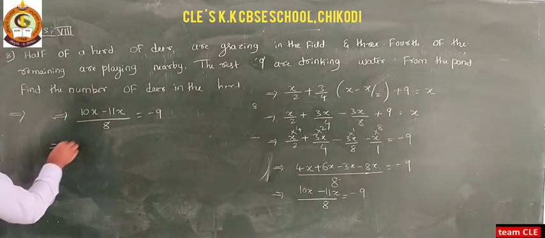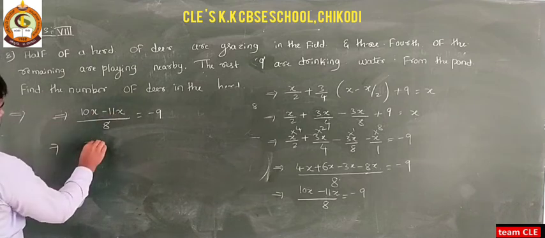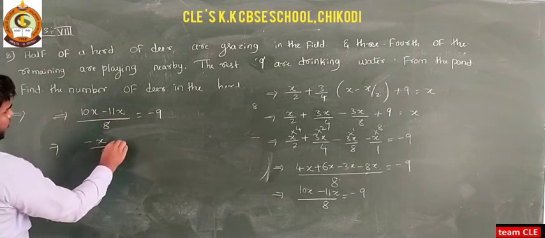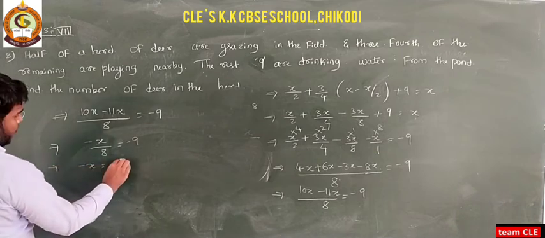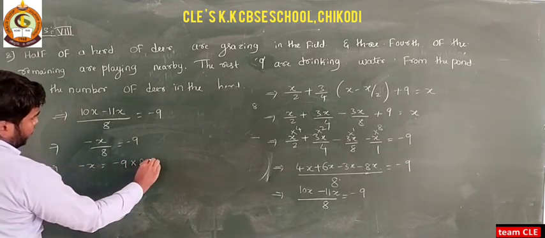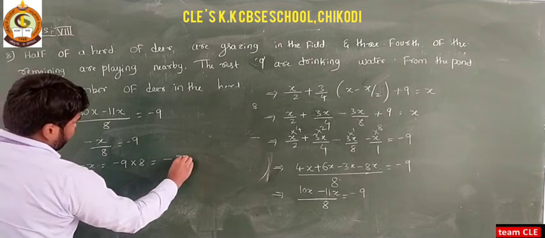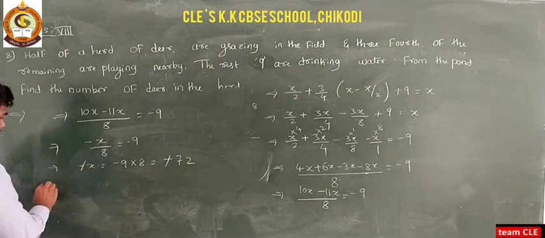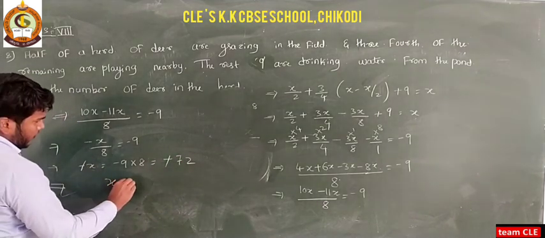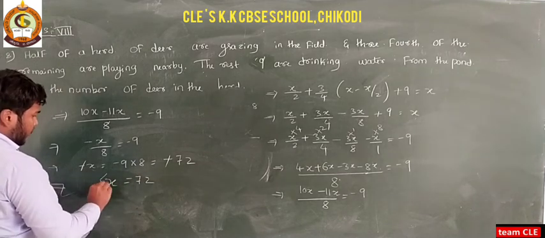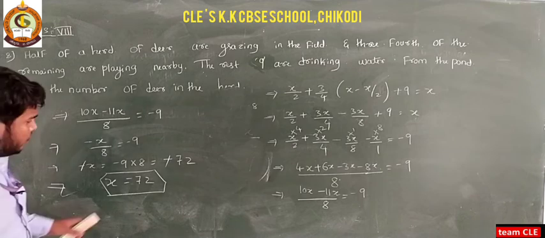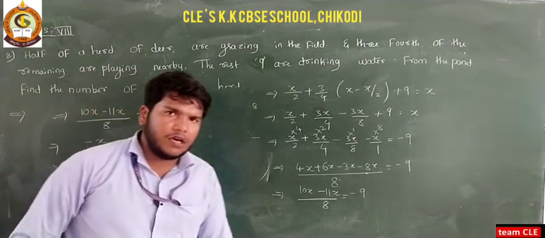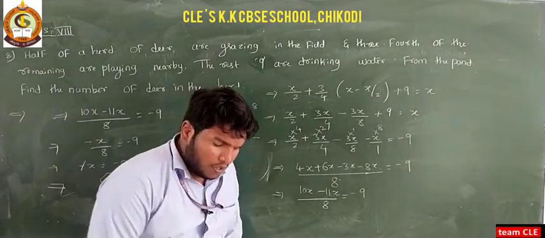Now 10 minus 11 is minus x by 8, which is equal to minus 9. So minus x is equal to minus 9 into 8, which is minus 72. Minus minus get cancelled. So our required answer is x equals 72. The number of deer is 72.